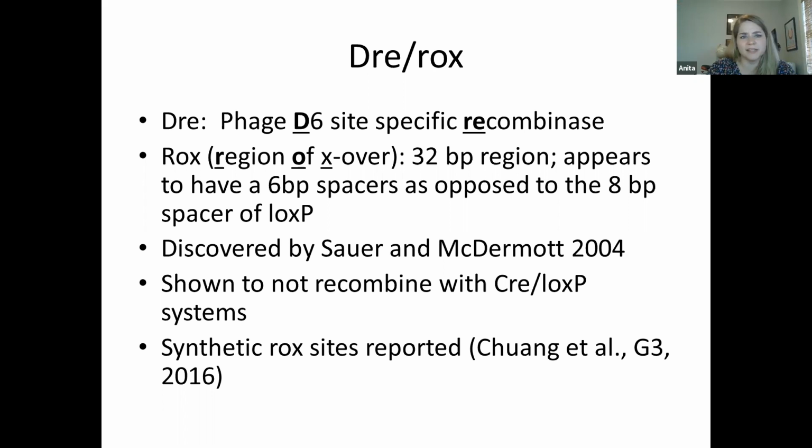That probably makes sense because Cre and DRE both came from phage, and the Flp-FRT came from a different system. So I think there is active research into identifying recombinases from other types of organisms, because if they have a similar mechanism of action and similar biology.